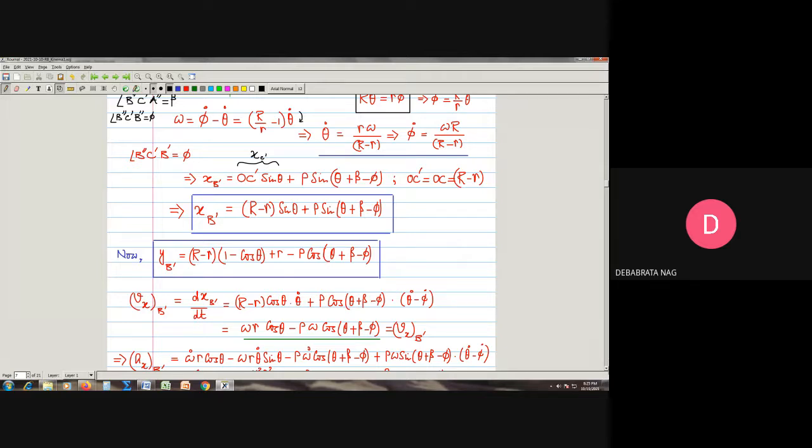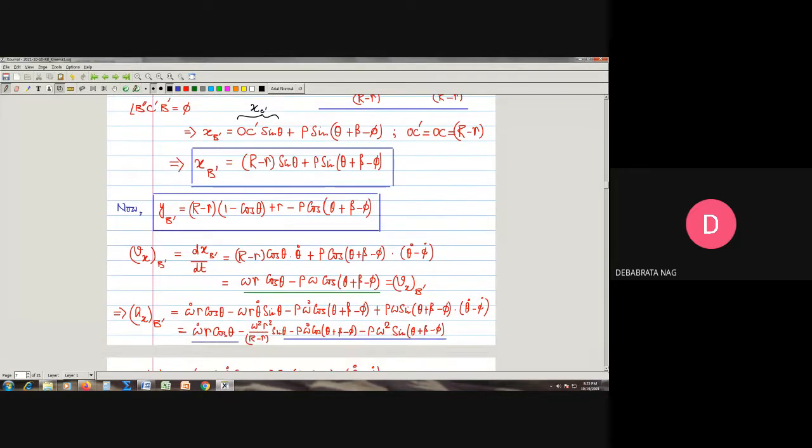So the x component acceleration can be calculated by differentiating this expression, remembering that your omega can vary with time. So it will be the differentiation: omega dot r cos theta minus omega r theta dot sin theta minus rho omega dot cos theta plus beta minus phi. Then it will be plus rho omega sin theta plus beta minus phi into theta dot minus phi dot as usual.